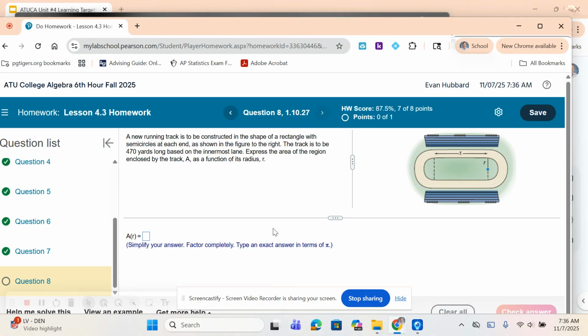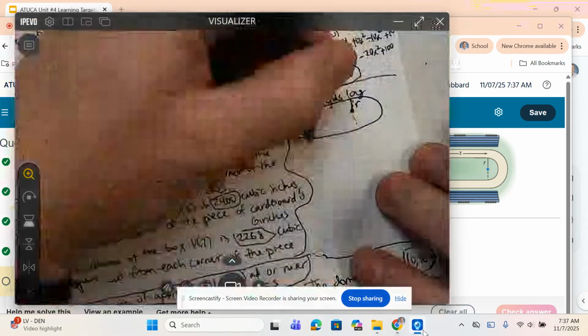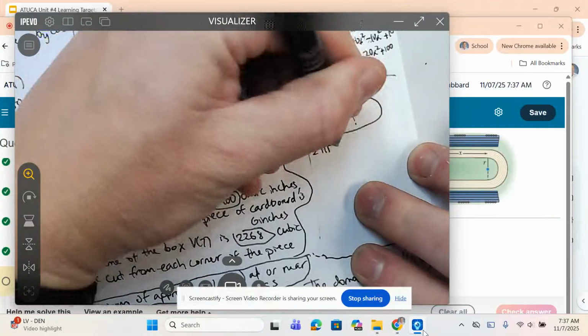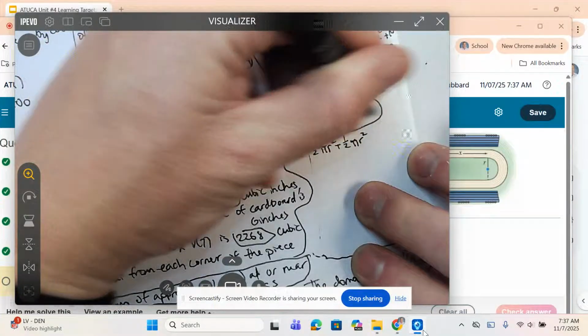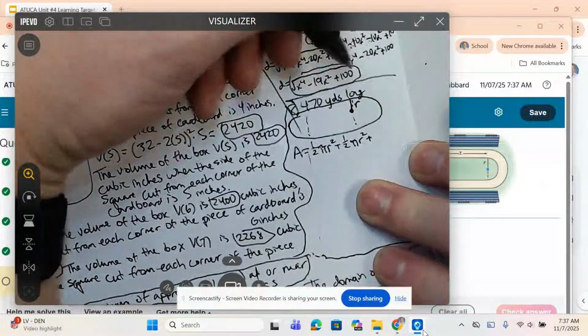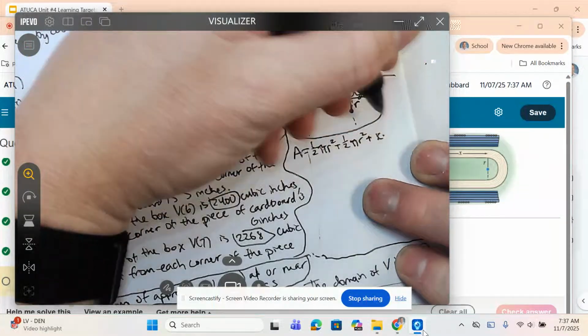So we know that the area of the track is going to be a composite area here, and I'm going to draw this out on the paper. So it's two semicircles, so it'd be 1/2 pi r squared plus 1/2 pi r squared, plus the area of the rectangle, which would be x times 2r.